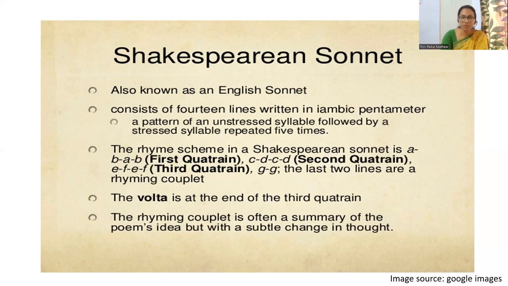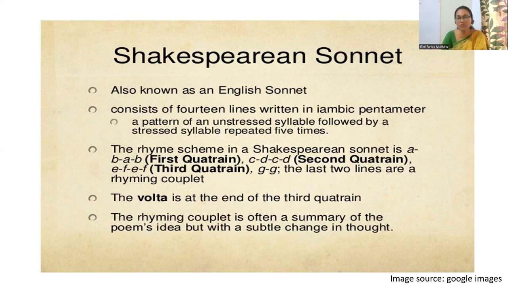So the first quatrain, second quatrain, and third quatrain end with a final couplet. It is again rhyming, and that's why the scheme is GG. The end of the third quatrain, after first stanza 4 lines, second stanza 4 lines, third stanza 4 lines, will be a kind of twist.